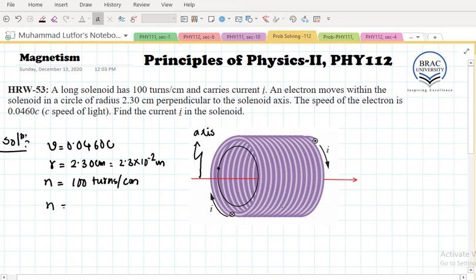If I convert that to meters, that is 100 turns per 10 to the minus 2 meter. So that means n would be basically 10,000 turns per meter.